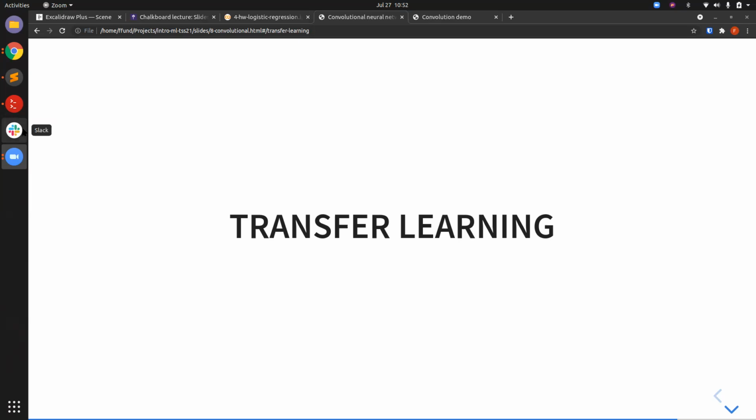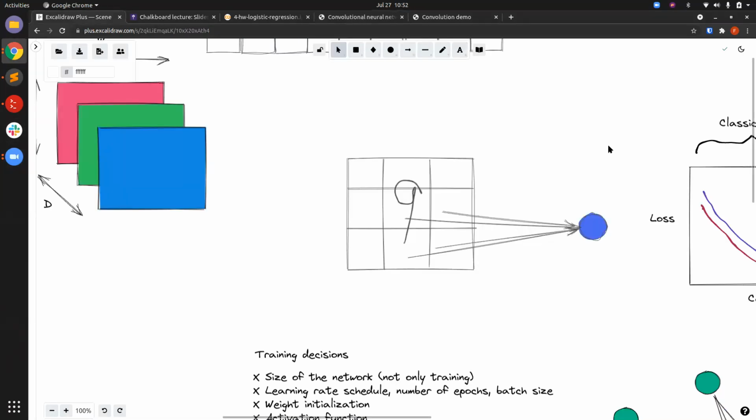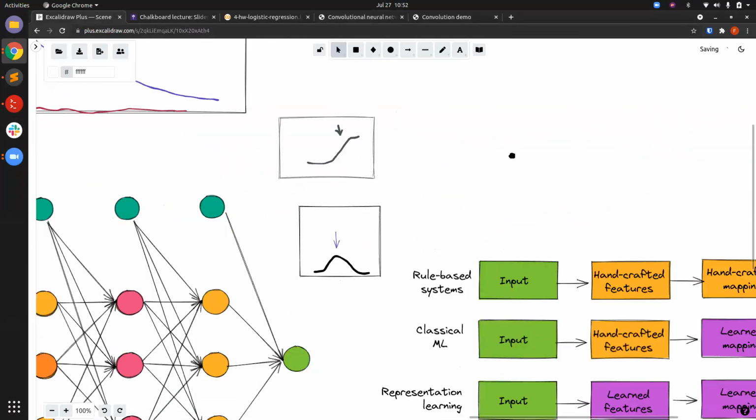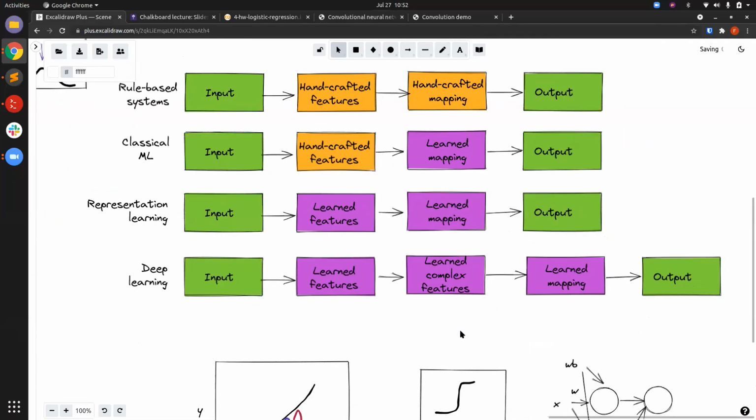I just want to hit on one more topic. We said that when you're doing deep learning, you have some inputs, you learn some features, then you learn some very complex features, and then you learn a mapping of features to output. Now, there's this basic idea.